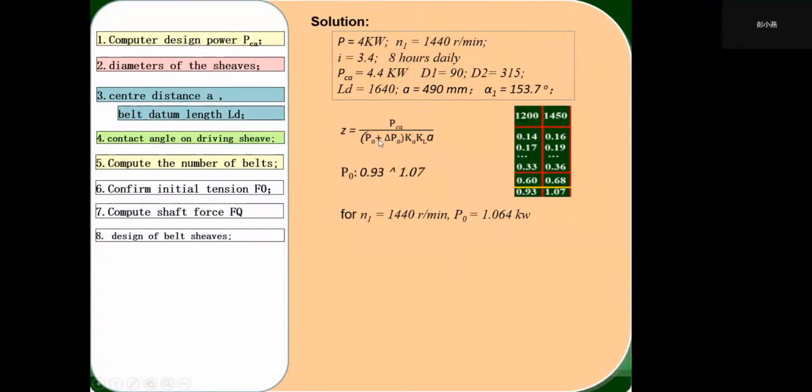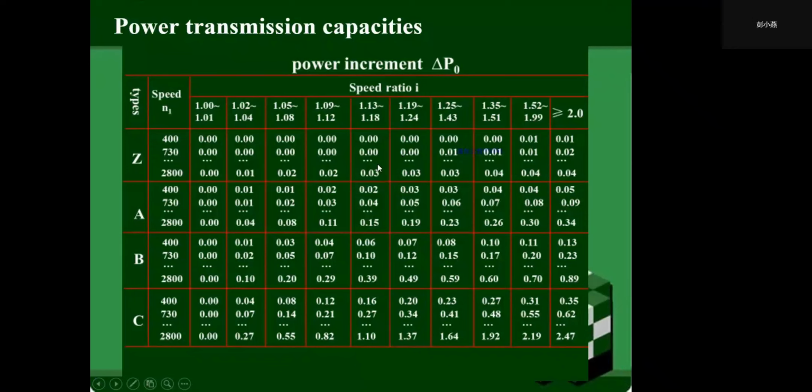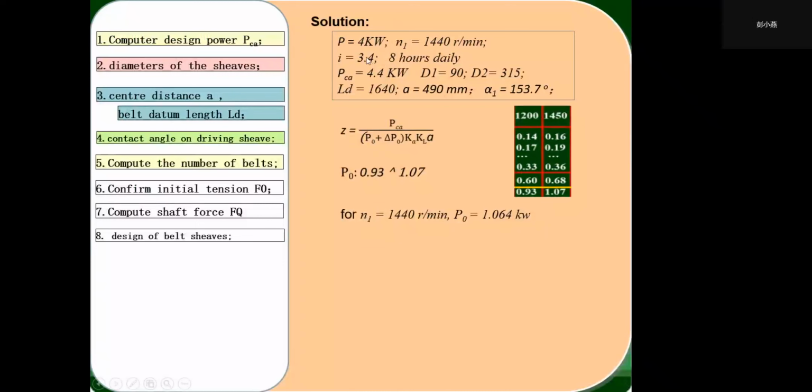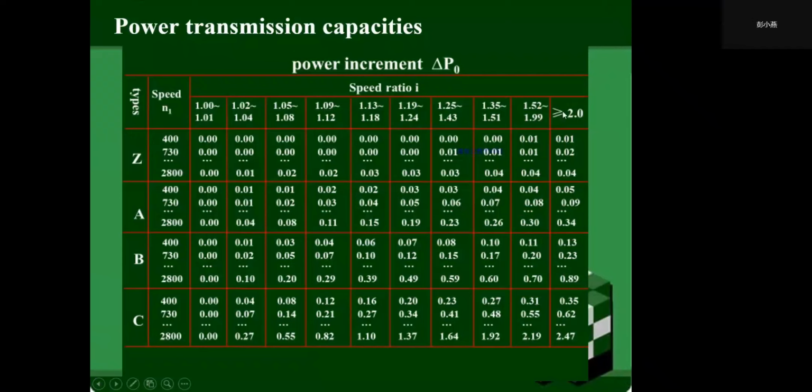And second, we should choose delta P0, okay? Also from the table, A type, and this is for speed N1, and this is for speed ratio. The speed ratio i is 3.4, larger than 2. So we should choose the value within this range, okay?